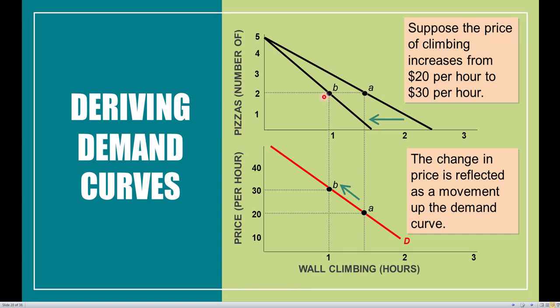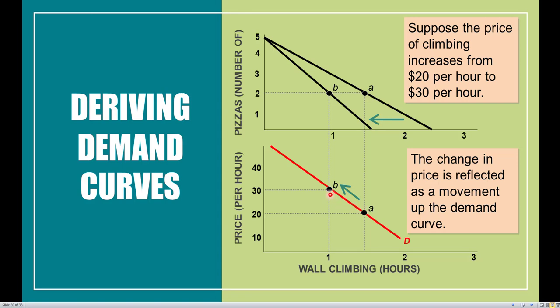Our new optimum bundle is going to be at point B, where we have 2 pizzas and 1 hour of wall climbing. And as you can see on the graph on the bottom right here, we're graphing the demand curve for this particular good, wall climbing, and it matches exactly with our optimum consumption bundle. At $20 for wall climbing, we are going to be consuming 1.5 hours.